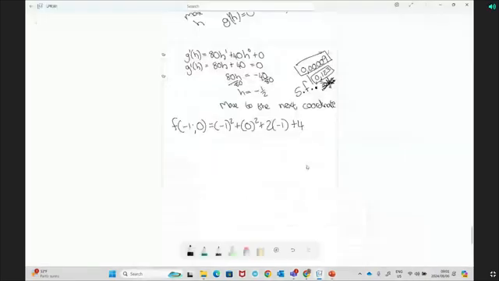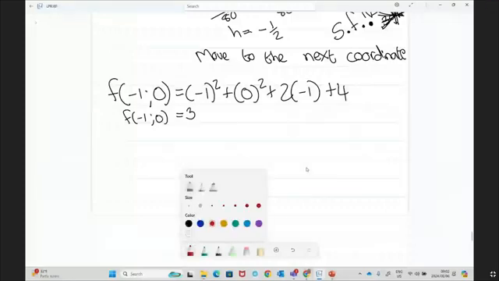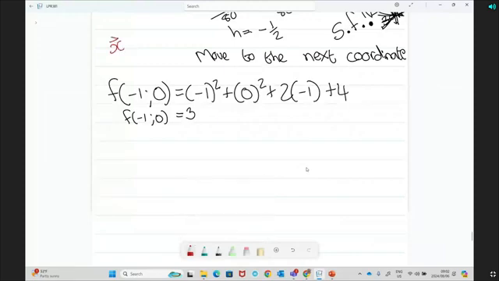So what is 1 plus nothing minus 2 plus 4? 1 minus 2 is going to give you minus 1 plus 4 is 3. So at this new coordinate, our function value, our z value, is 3. Now, previously at our initial vector, our function of 2 and 1 was equal to 13.